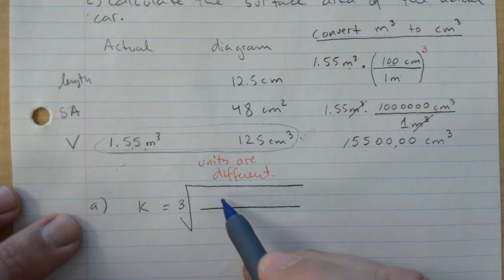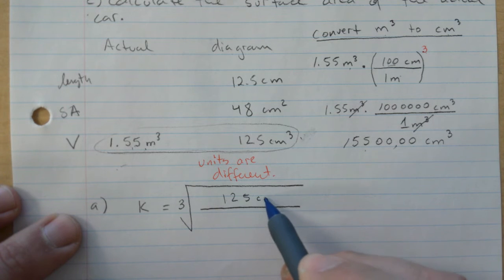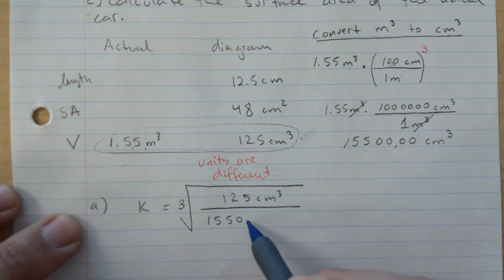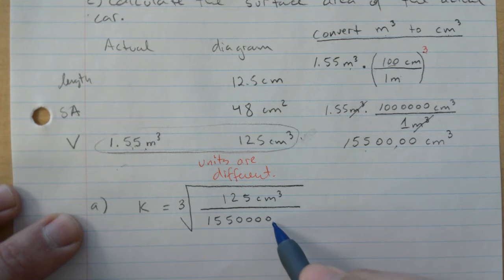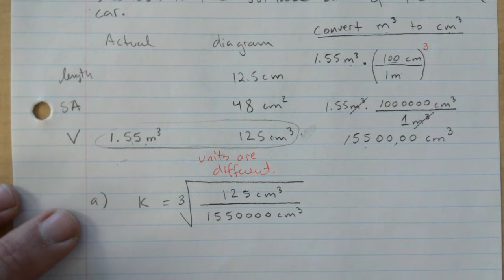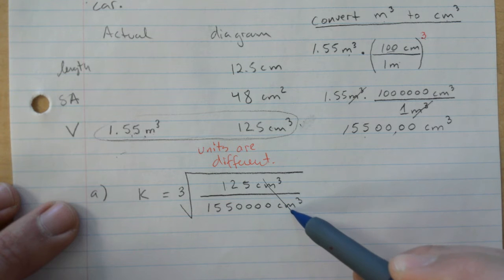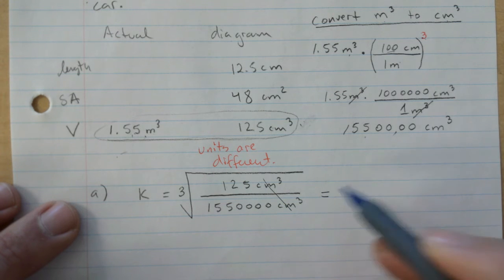Volume of the diagram divided by volume of the actual. And I got to make sure I don't drop a 0. Same for you, make sure you don't drop a 0 because it actually makes a big difference. And the units can just cancel out like that, which is exactly what we want.